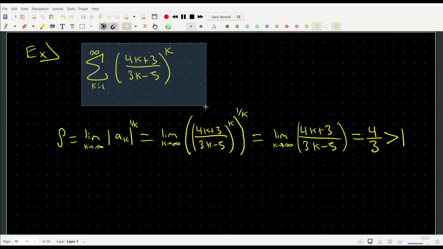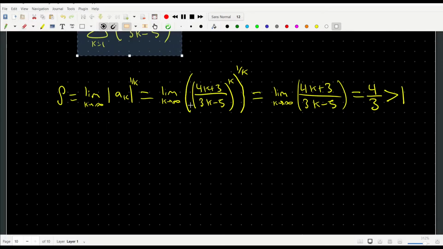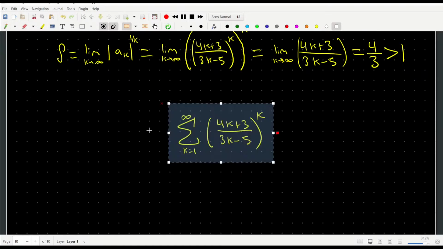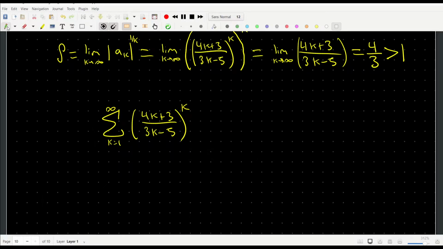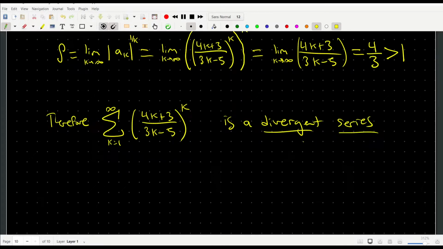So therefore, this series is divergent from the application of the root test.